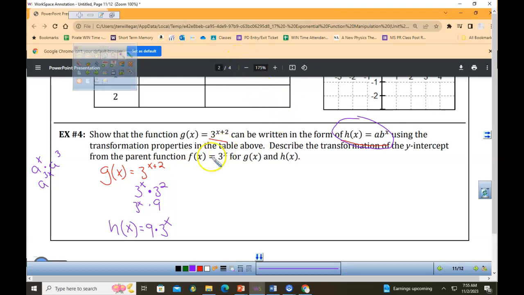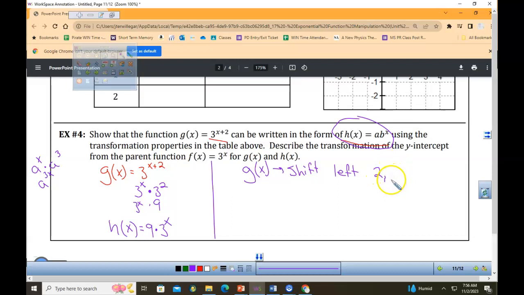So let's talk about what happened to our intercept, and let's see how it actually changes my equation either way. So g of x, they want us to describe it, is a shift left 2, right?